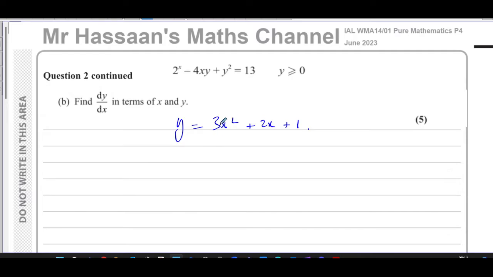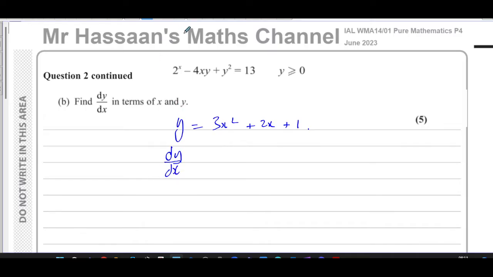When you differentiate a whole expression like this, you're basically differentiating each part separately. If I differentiate this side with respect to x, I'm going to get dy dx. That's what the differential of y is with respect to x.